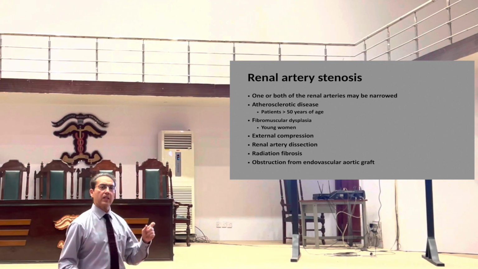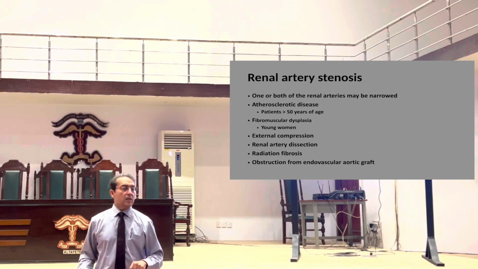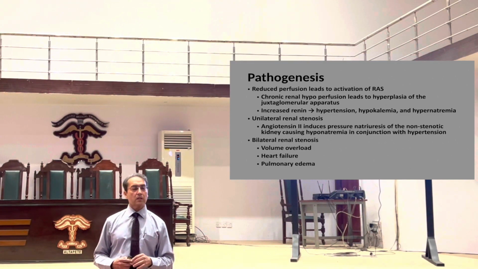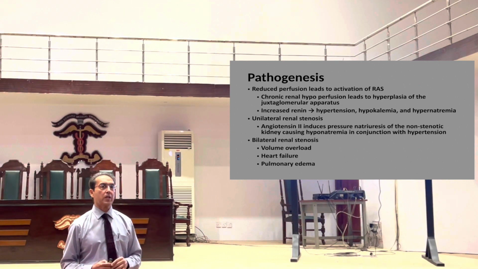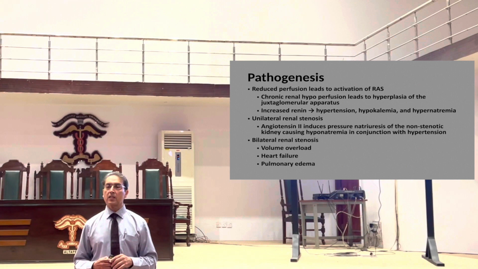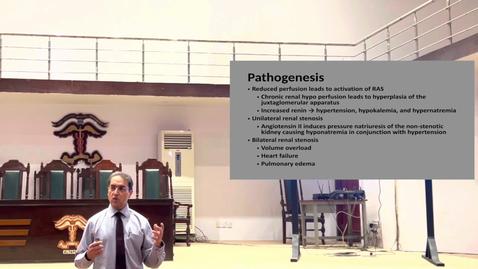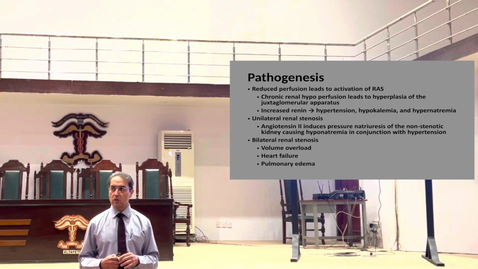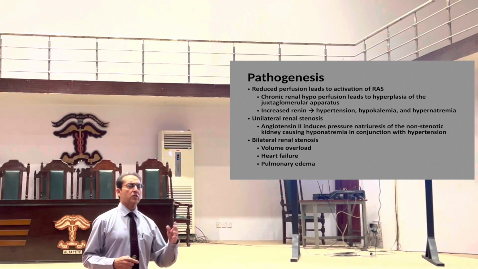Now what will happen when there is renal artery stenosis? There is slow or decreased perfusion of the kidney. That decreased perfusion will result in hypertrophy of the juxtaglomerular apparatus. What does the juxtaglomerular apparatus do? It produces renin.